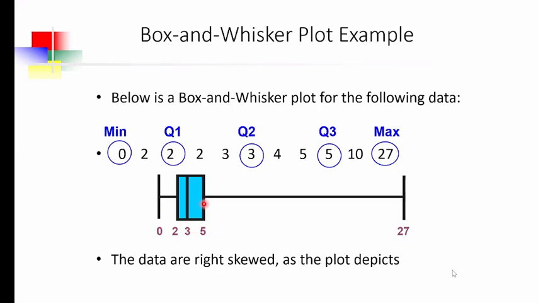Right, now you are looking at your box and whisker plot. Here, the right tail is very long compared to the left tail. So from this, we can say that the data are right skewed, right? Because this is longer than the left tail. So the data are distributed as right skewed.